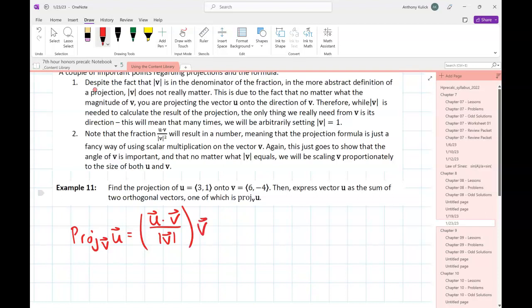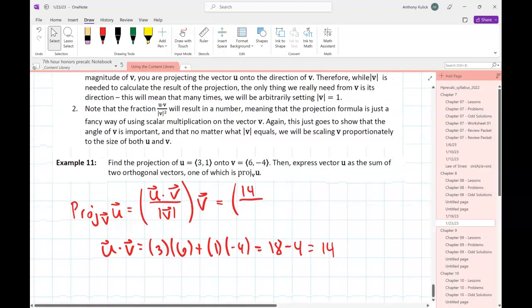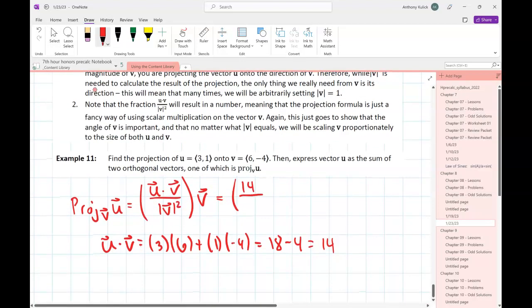So to do this vector projection, I need 2 things first. I need the dot product of u and v. So let's calculate that. And then I need, oops, that's supposed to be squared.